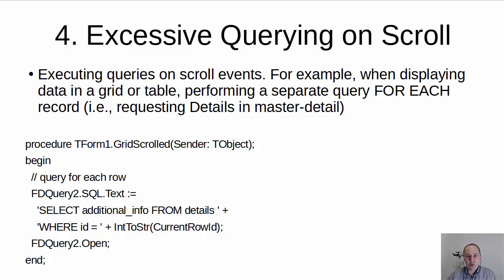Anti-pattern number 4 is excessive querying on scroll. For example, if you are loading some data into the grid, or maybe even on the data page, and you want to request additional information for every record in this dataset.